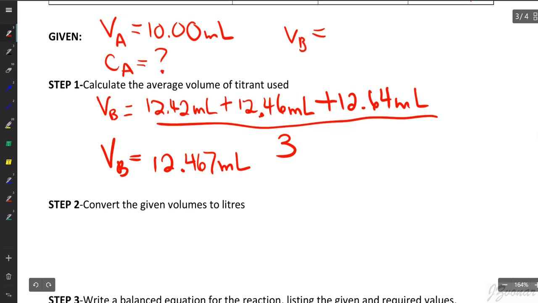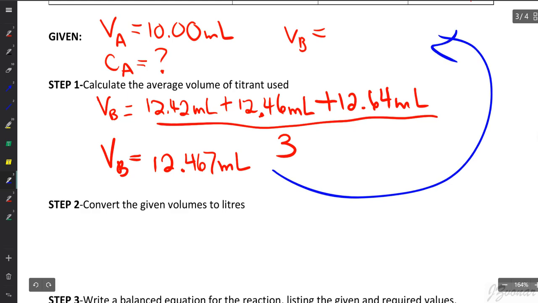We just calculated it here, and we're going to place that in this number right here, and so that is actually 12.467 milliliters. And we were also given the known concentration. In the question, we were told that in the burette we've got 0.0 moles per liter.